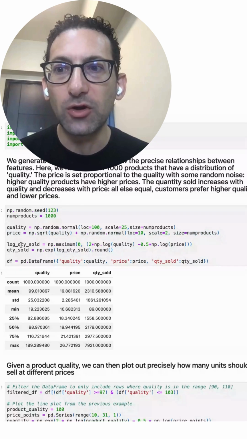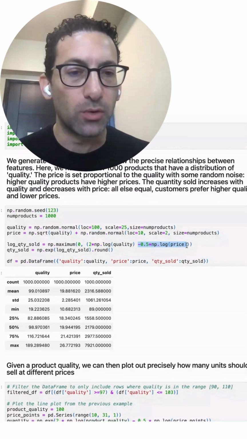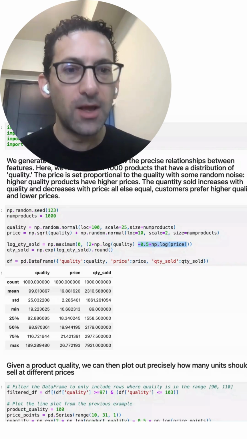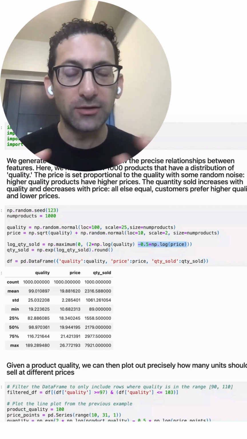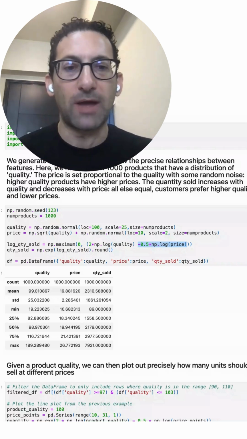And then I assign the quantity sold to be positively related to the quality, but negatively related to the price, right? So all else equal, higher quality, more people will want them, and higher price, fewer people will want them. But there's this complex relationship because higher quality products also have a higher price.